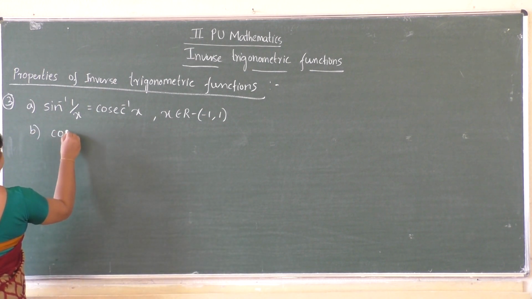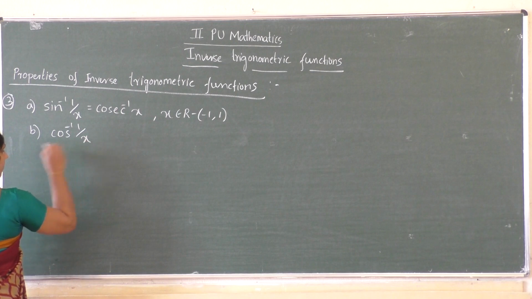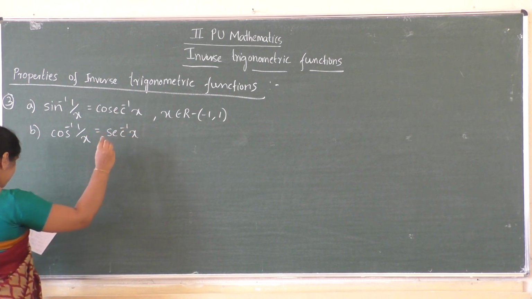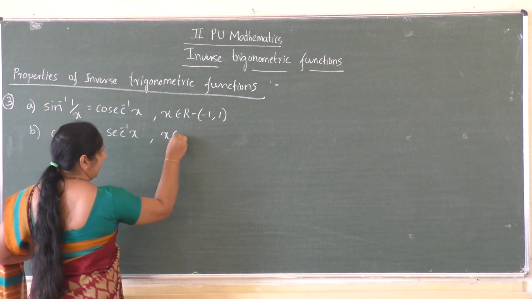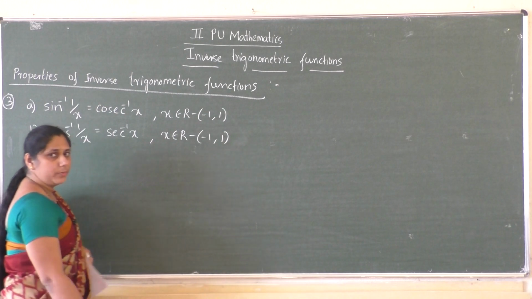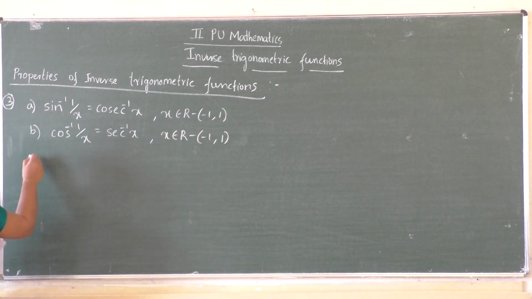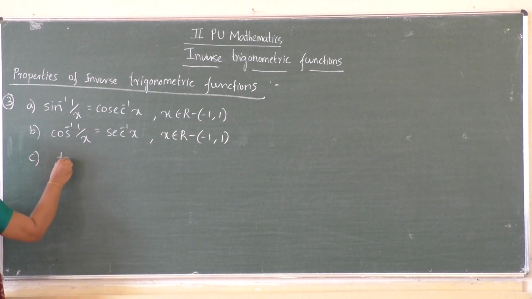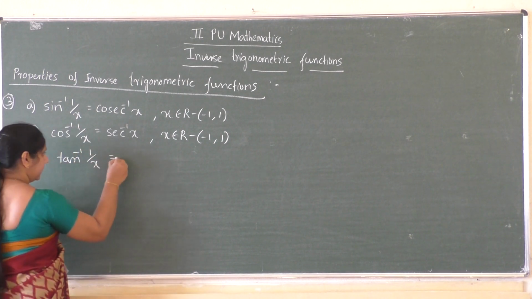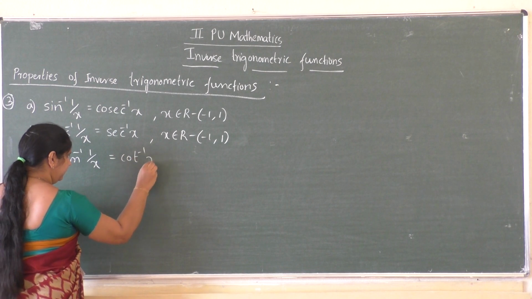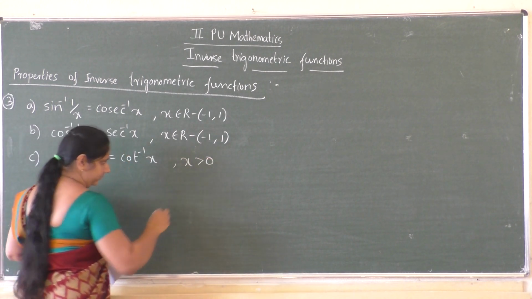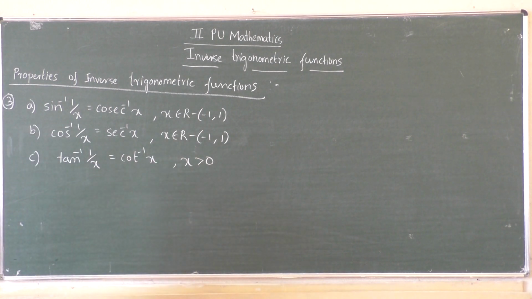Second one, cos inverse of 1 by x equal to sec inverse x, where x belongs to R minus open interval minus 1 to 1. And third one, tan inverse of 1 by x equal to cot inverse x, where x greater than 0.